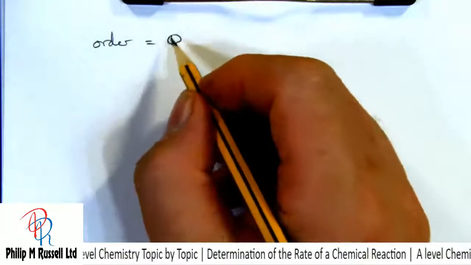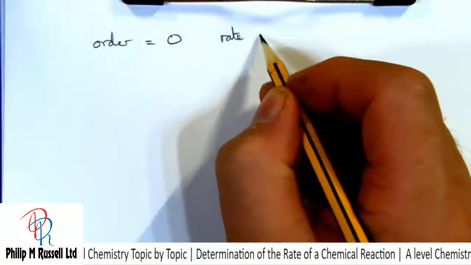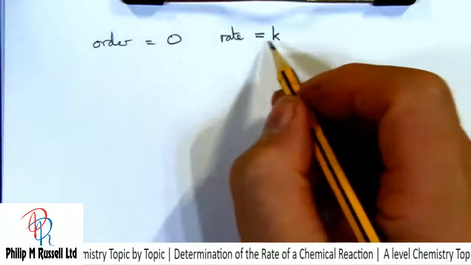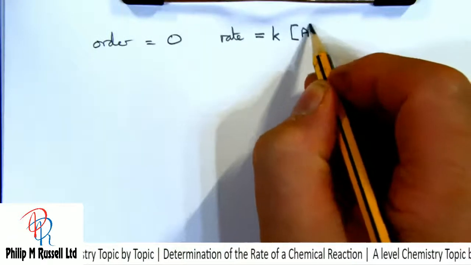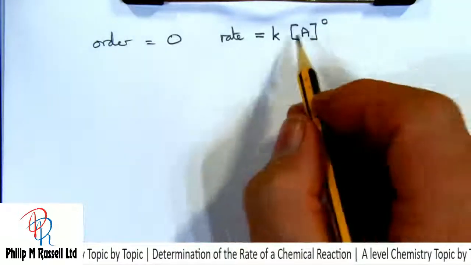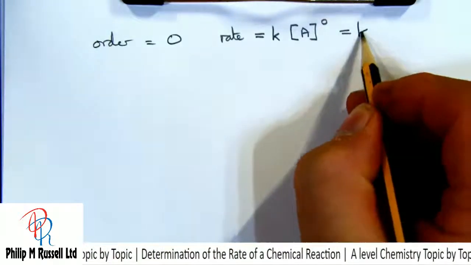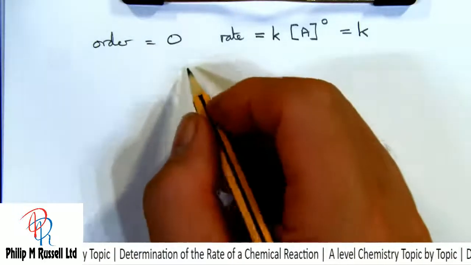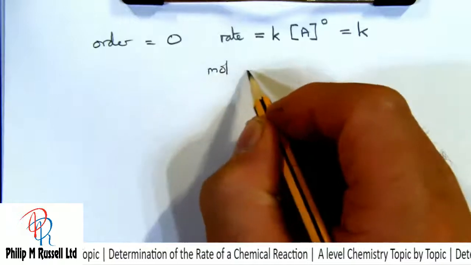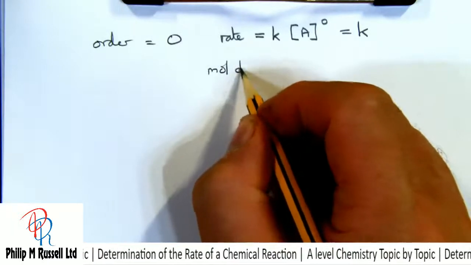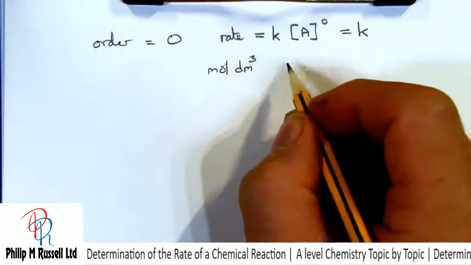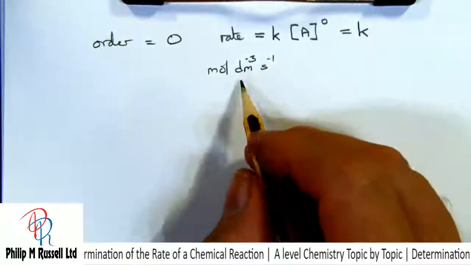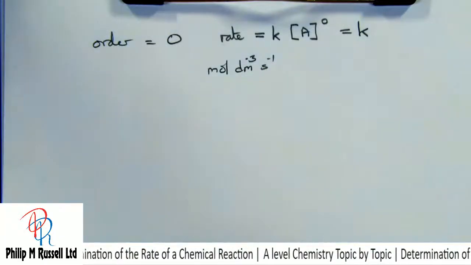So we know my rate is going to be proportional to, I'm going to say equal some sort of constant of my concentration, I don't care what it is, so that will become equal just to K. So K is the rate of the reaction, and this is measured in moles decimeter cubed per second. So moles per decimeter cubed per second.